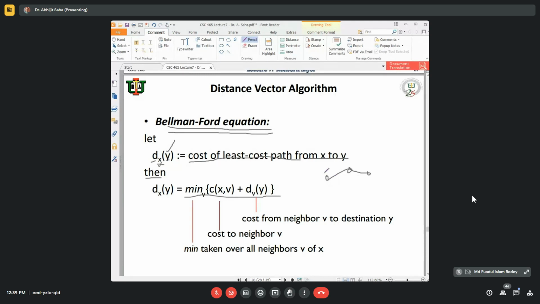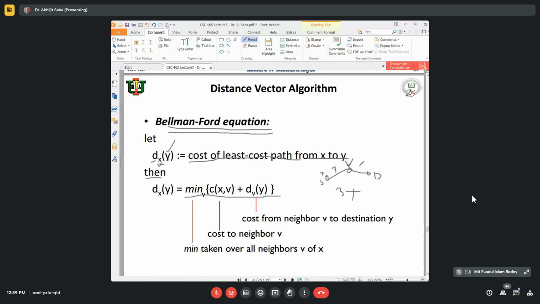Here, the cost of x to v, where x is my source and d is my destination. I'm also giving the name v to this node. So what is the cost here? That is 3.